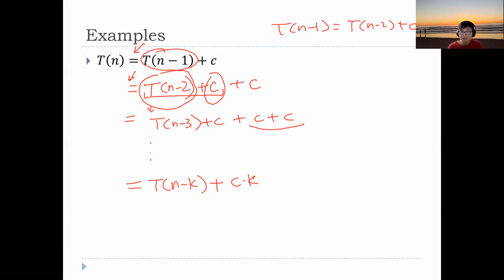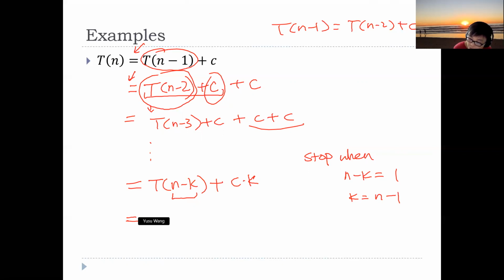And when do we stop? Again, it's only the inside that decides when you stop, when n minus k becomes, say, a constant. So k equals n minus 1. We plug it in.